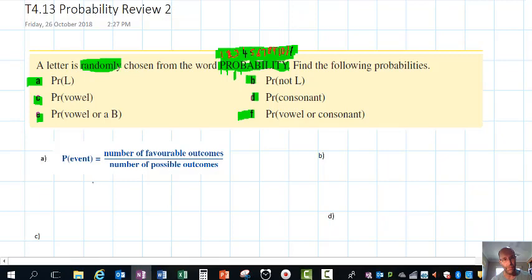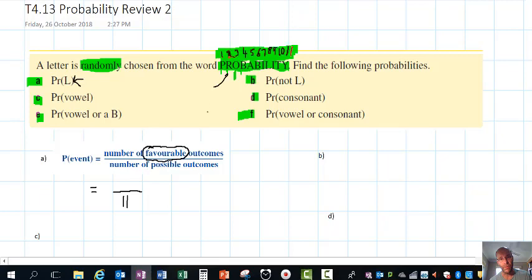So we've got the number of favourable outcomes divided by the number of possible outcomes, and the first event in part A is choosing an L. There are 11 letters in probability, so the number of possible outcomes is 11. Eleven balls if you chose one. The number of favourable, perhaps not quite the same as the way favourable is used in regular conversation, means the one we're looking for, the one we're interested in.